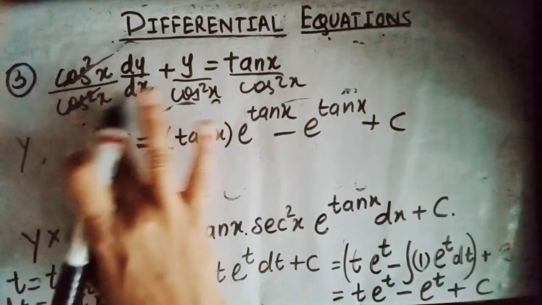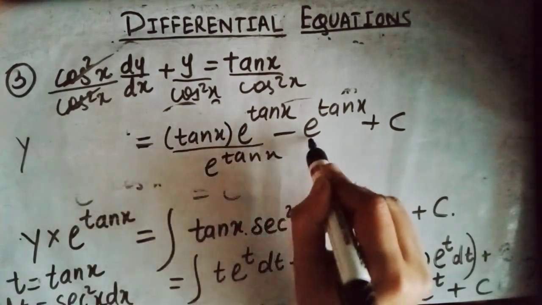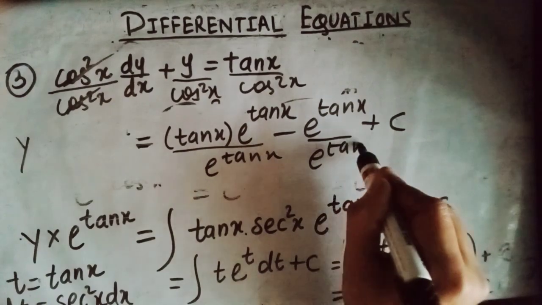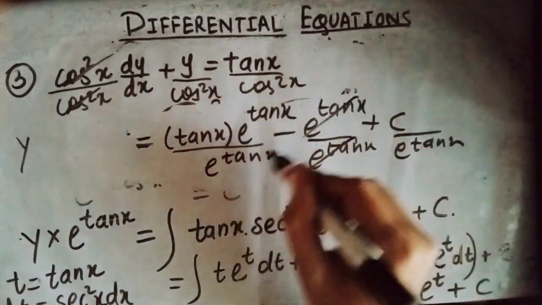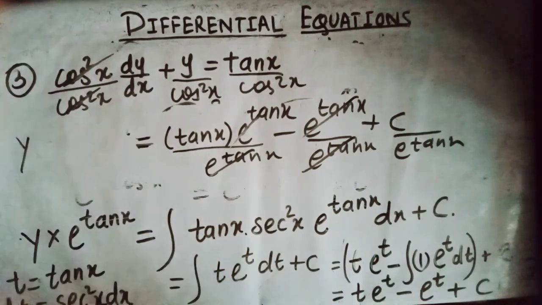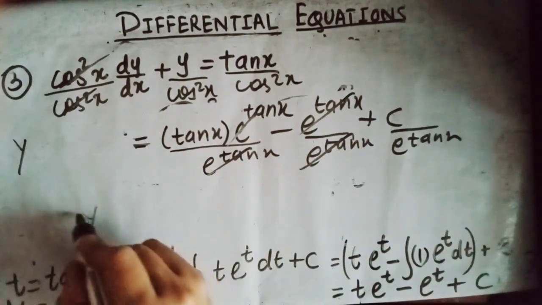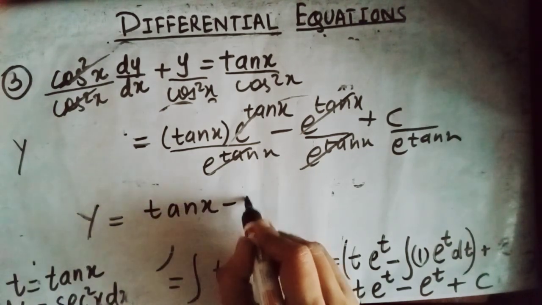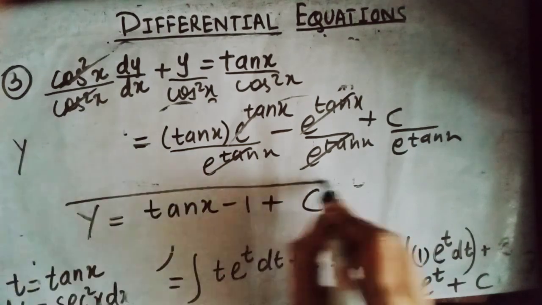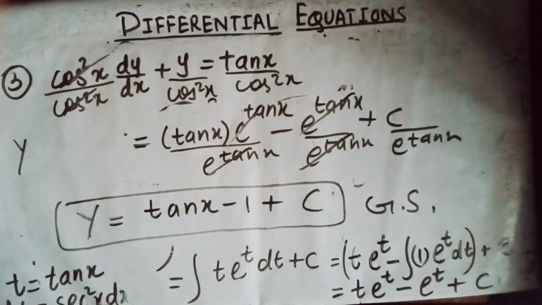You can take this e raised to tan x common, so this will be e raised to tan x into, and then divide by e raised to tan x on both sides. So the final answer is y equal to tan x minus 1 plus c e raised to minus tan x. This is our general solution.